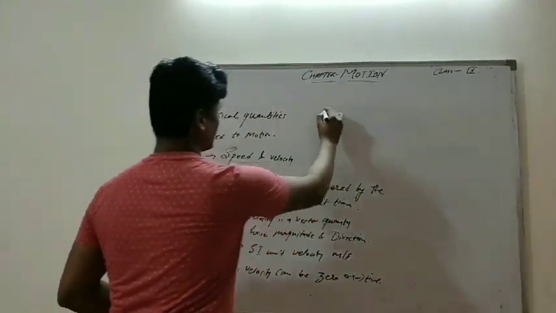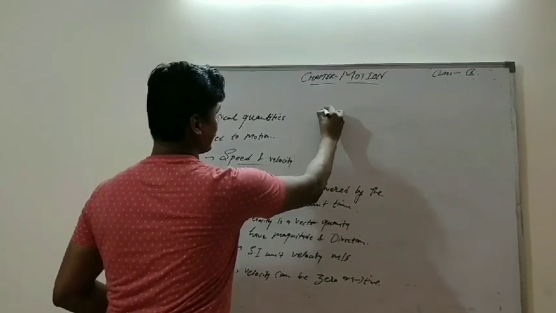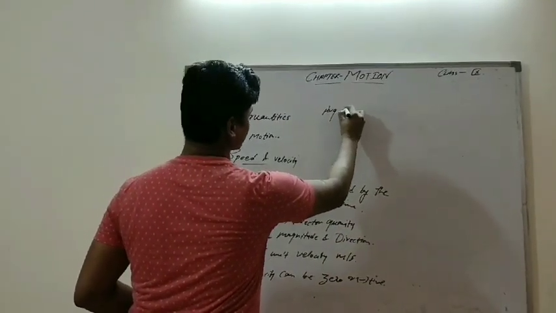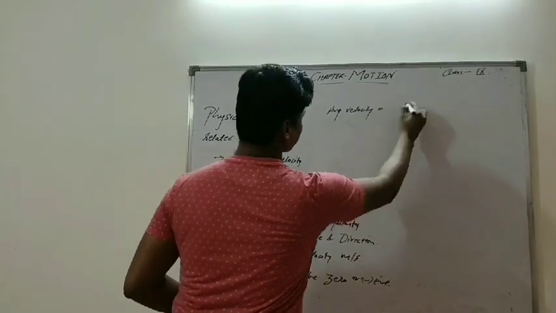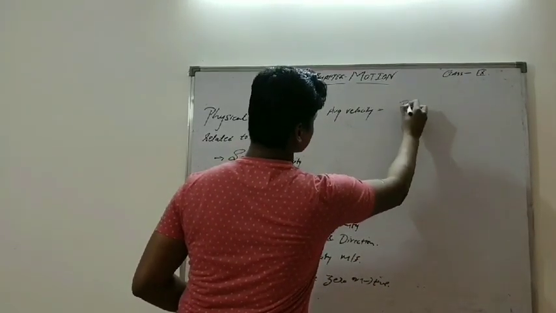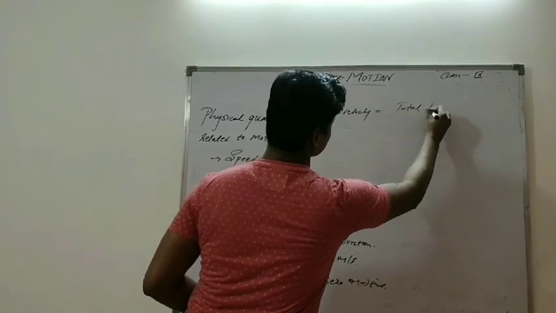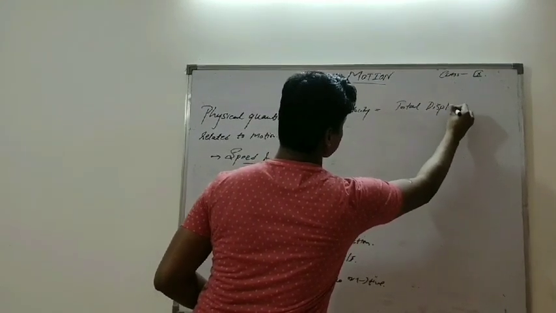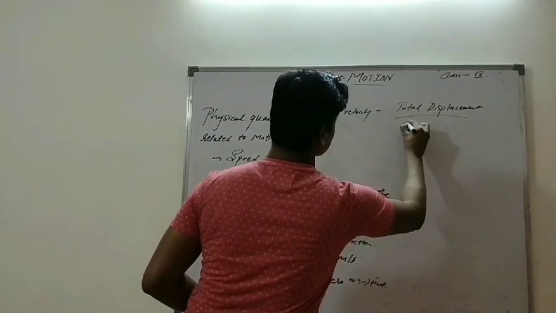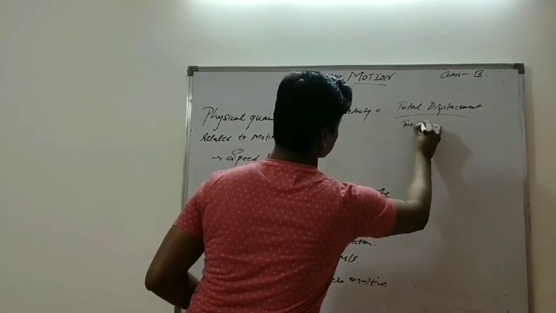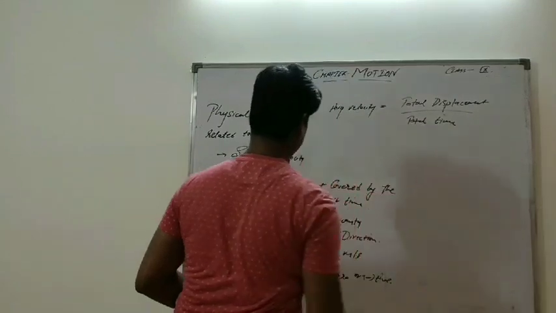Students, if we talk about average velocity, we can say total displacement upon total time.